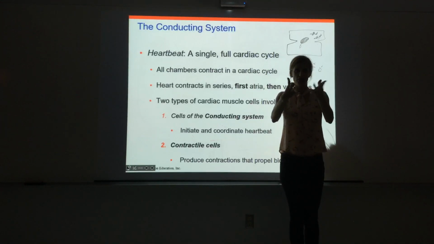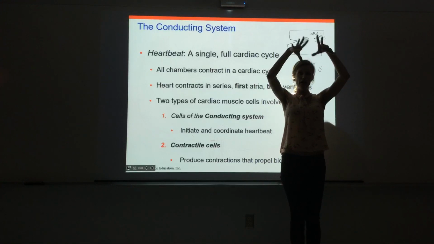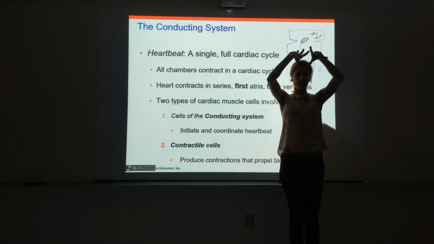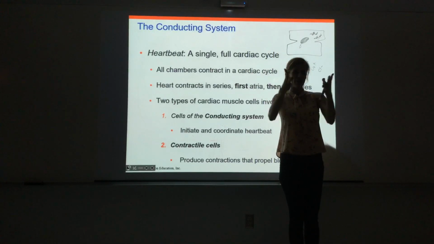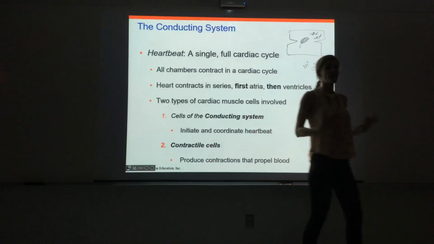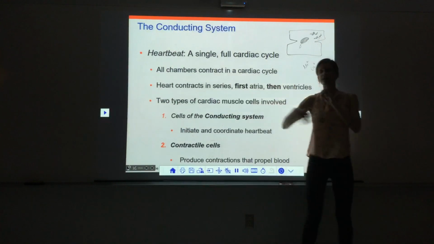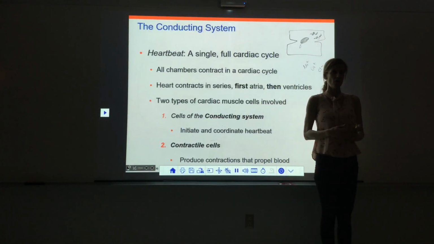The atria do this first, the two atria at the same time contract and relax. Then the two ventricles do it at the same time. They contract and then they relax. That's a heartbeat. That's a cardiac cycle. When we look at this heart contraction occurring, we see that there are two different types of cardiac muscle cells that are involved.